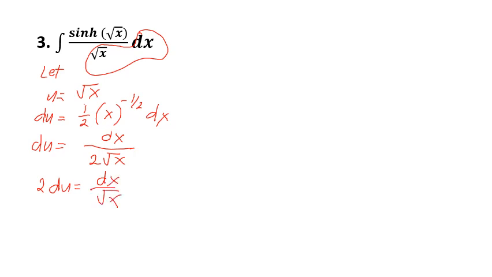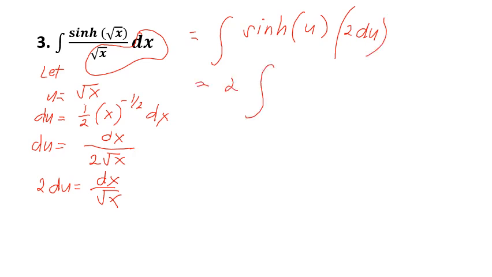So with that, I could substitute my values now. So this is equal now to integration of hyperbolic sine of square root of x, that's equal to my u. Then dx all over square root of x is equal to my 2 du. So I could factor out my 2 from my integration element.